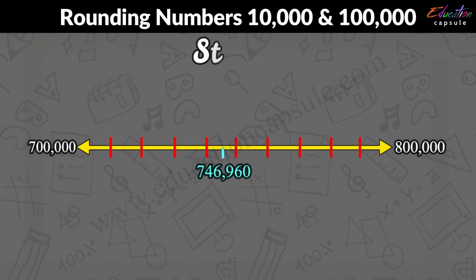Step 2 is to mark 746,960 on the number line and find the multiple which is closest to 746,960. So, as per the number line, 746,960 rounded to the nearest 100,000 is 700,000.